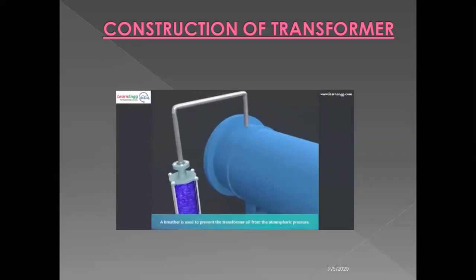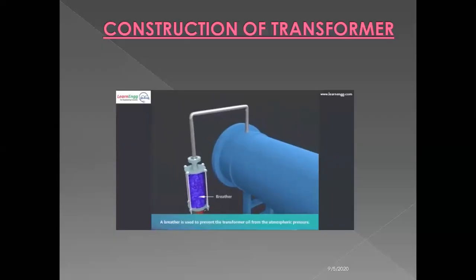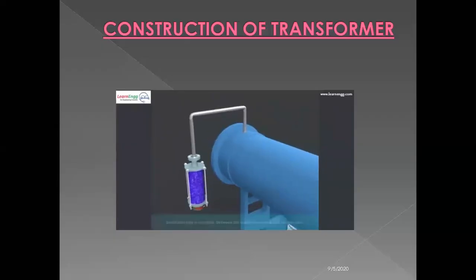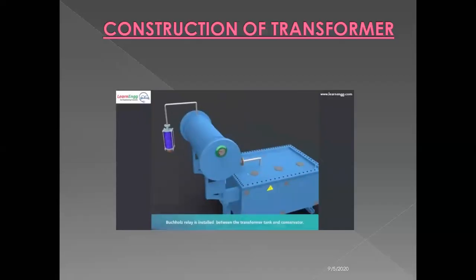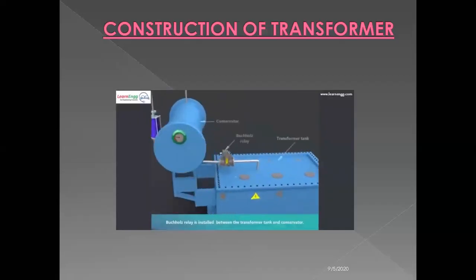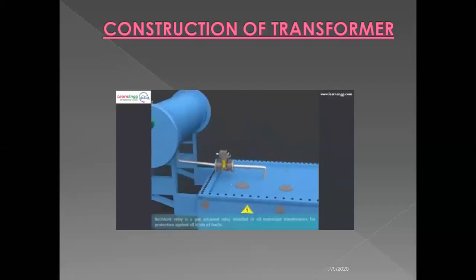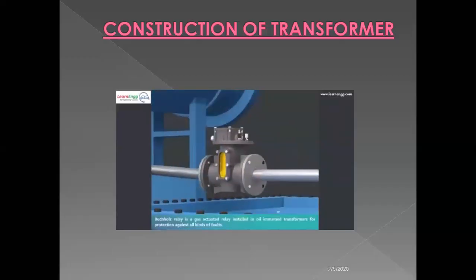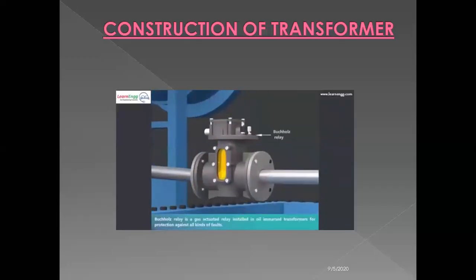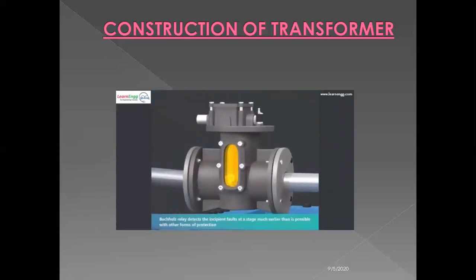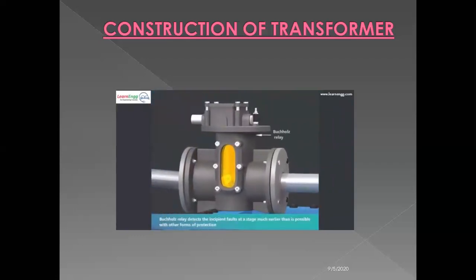A breather is used to protect the transformer oil from atmospheric moisture. Buchholz relay is installed between the transformer tank and conservator. Buchholz relay is a gas-actuated relay installed in oil-immersed transformers for protection against all kinds of faults. Buchholz relay detects incipient faults at a stage much earlier than is possible with other forms of protection.